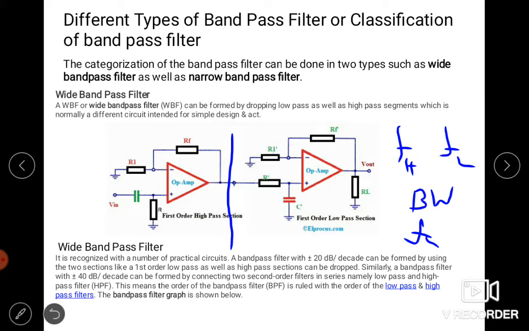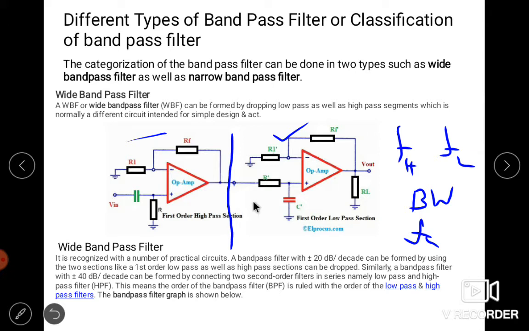To form a 20 dB per decade band pass filter, a first order high pass and a first order low pass section are cascaded; for 40 dB per decade, second order sections are used. This means the order of the band pass filter is governed by the order of the high pass filter and the low pass filter it consists of.